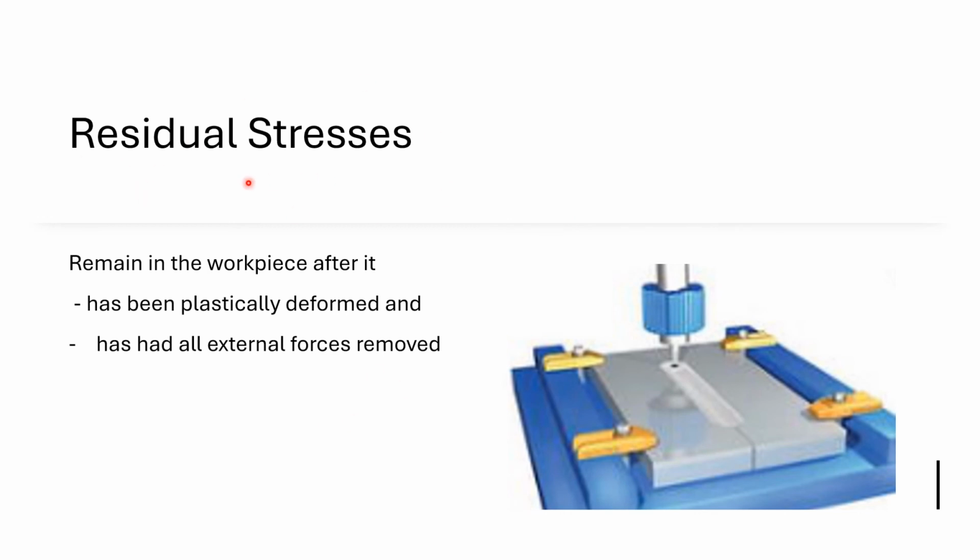These residual stresses remain in that workpiece after we deform them, and also after all external forces have been removed. We use the force, we deform it, we shape it, and then we remove the forces. Even if you remove it, you still have residual stresses because they remain in that workpiece. So every time you think about residual stresses, you will think about that.